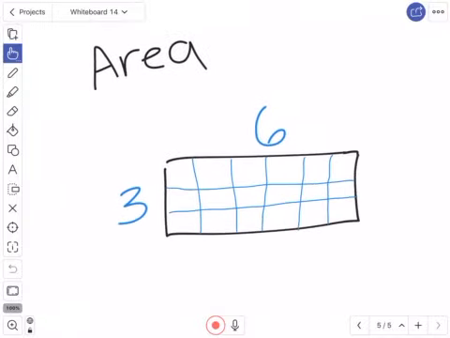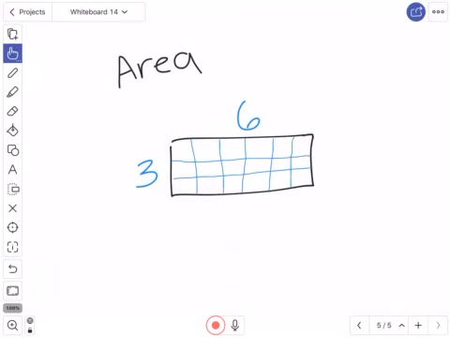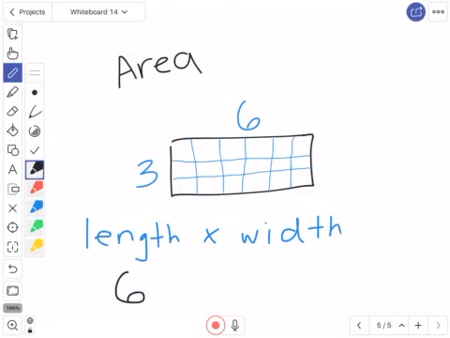That's one way to figure out area, by counting those squares on the inside. The other way to figure out area is just length times width. So if it's length times width, then I have length 6 times width 3, which is 18.